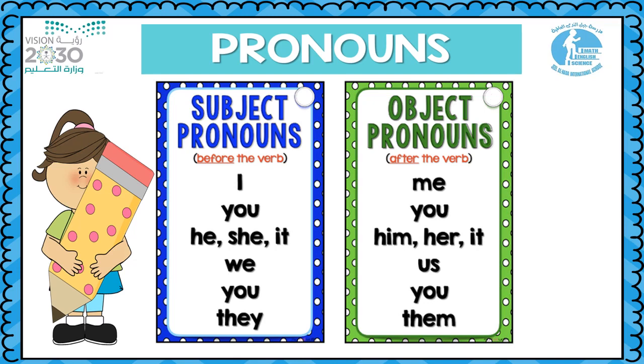These pronouns are used after the action verb, in the middle of the sentence, or at the end of the sentence. You do not start the sentences with these pronouns. But the pronoun you and the pronoun it are used as subject pronouns and as object pronouns.